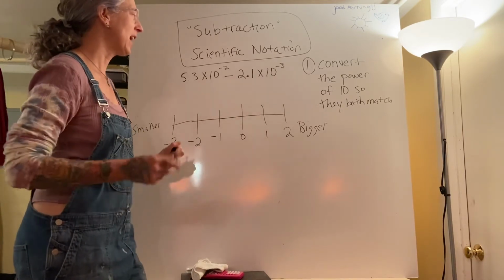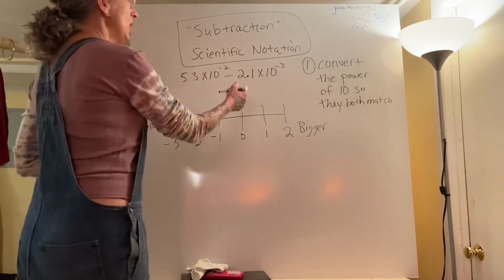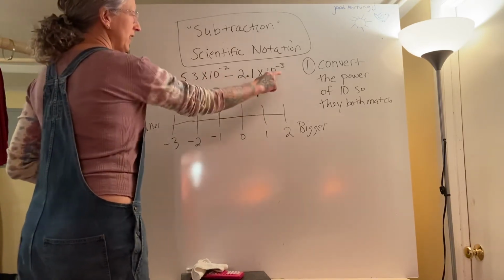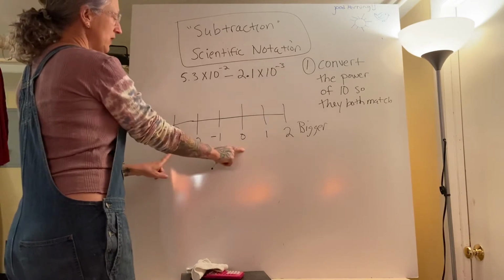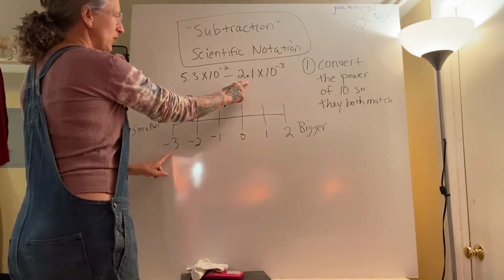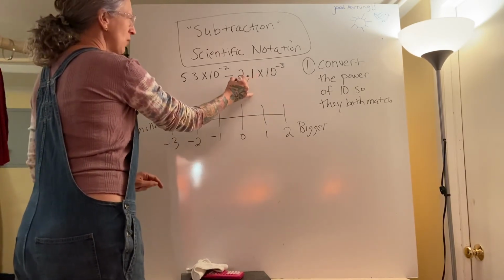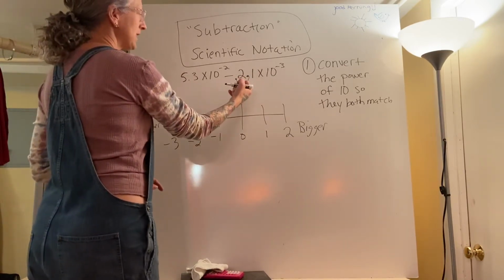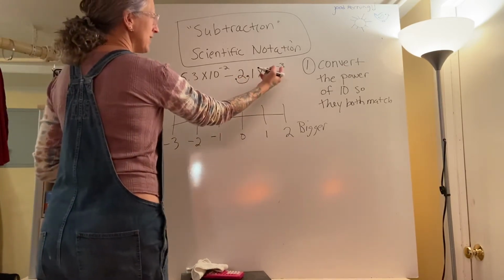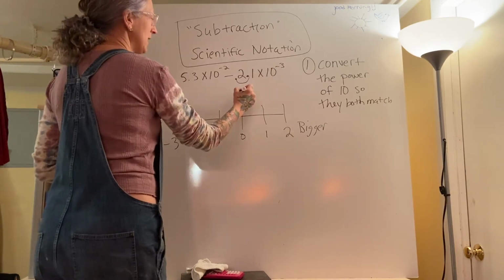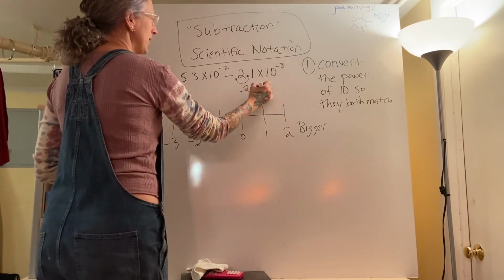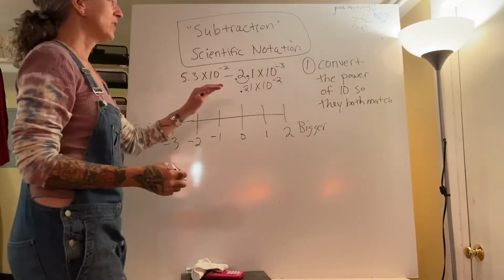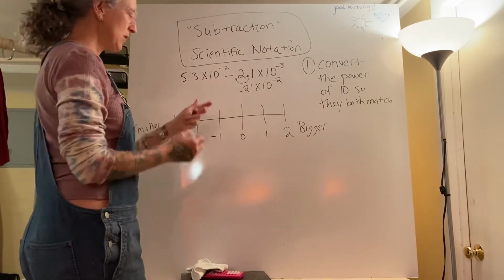I'm not sure how, I had it in my head, but because -2 is closer to 0 than -3, we want to make this number closer to 0. So we're going to move the decimal 1 place to the left, okay? So in order to express this as a power to the -2nd power, it's going to be 0.21 times 10 to the -2. And the reason I know this is correct is because I'm going to check it.